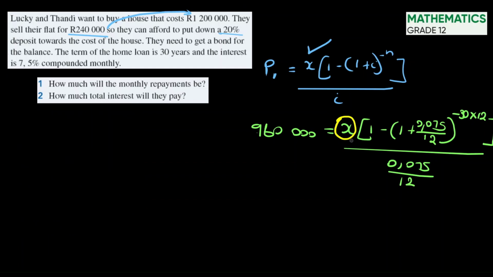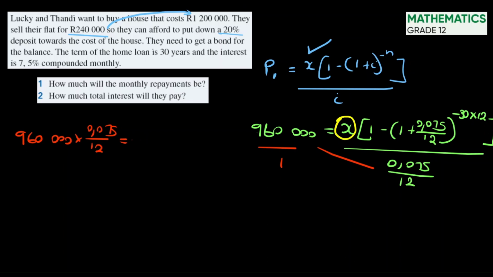So let's continue. We need to solve for x, and to solve for x, we just need to cross multiply. And how do we go about that cross multiplication? It will be 960,000 multiplied by our interest, which is 0,075, divided by 12.